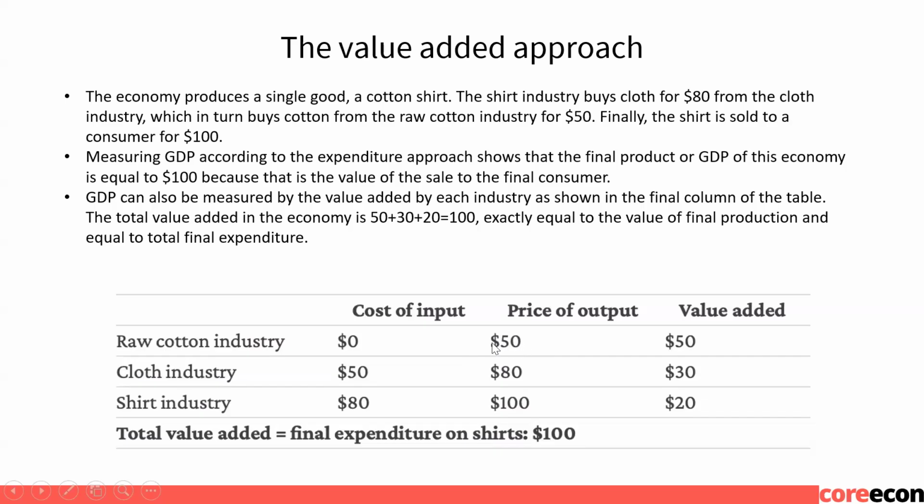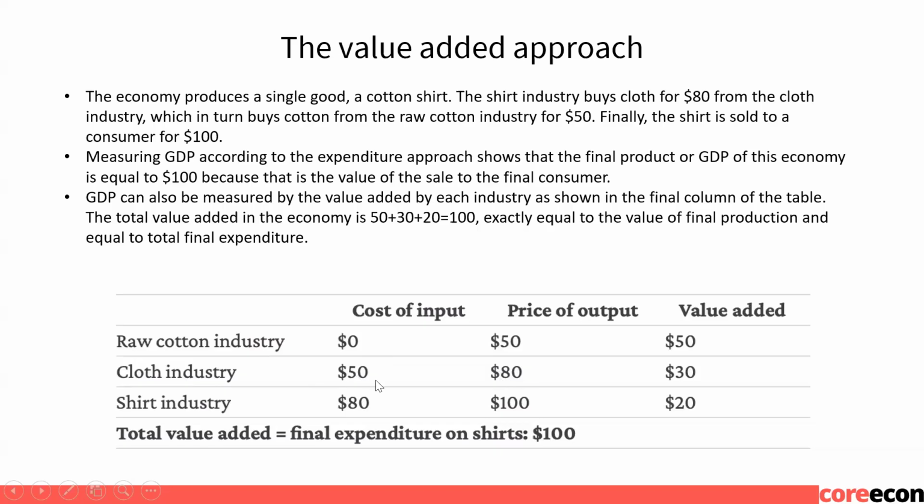Your price of output is $50, that's it. And in that case, from no costs to a price of $50, you have added $50 of value in this process, right? So 50 minus 0, you have 50 here. Now, this raw cotton is bought by the cloth industry. So the cloth industry has an input of $50, and that's sold after turning into cloth for $80.